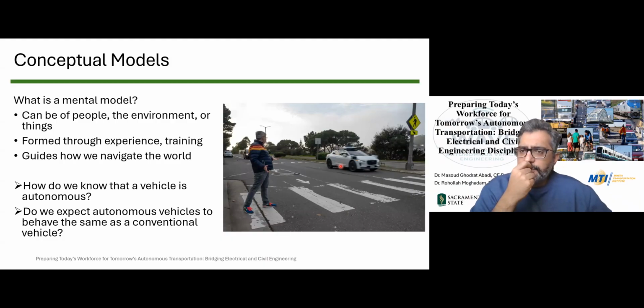But when it comes to autonomous vehicles, how can I make sure that I am detected by that autonomous vehicle? How can I make sure that I now have the right of way to cross the street if it is a mid-block crossing like the photo that you see here? How can I make sure about that?